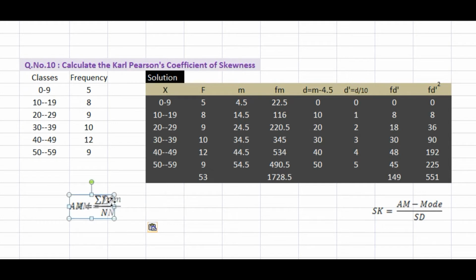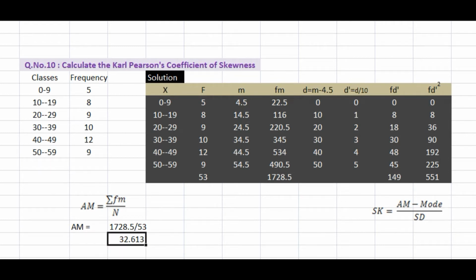Summation of fm divided by N. If I say arithmetic mean equals summation of fm total, 1728.5, divided by 53. 53 is the frequency total, and 1728.5 is the fm total. So the answer, 1728.5 divided by 53, is the mean.